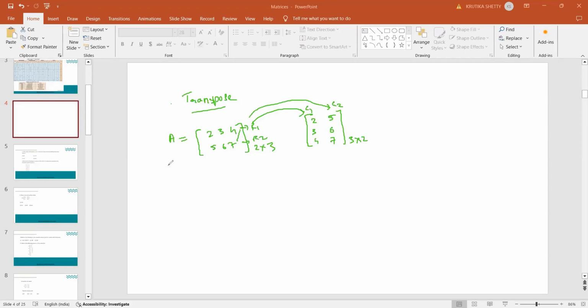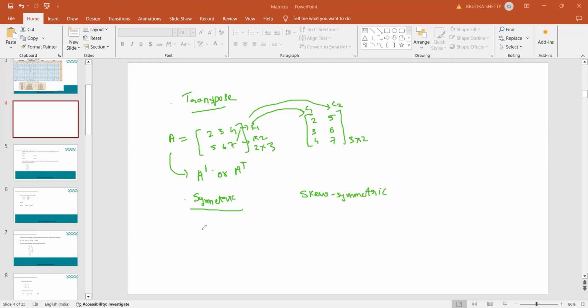The transpose of a matrix we denote as A dash, or we denote it as A T. Based on this, we have two more definitions. One is a symmetric matrix, and then a skew symmetric matrix. The definition is very simple, and we will discuss an example also.